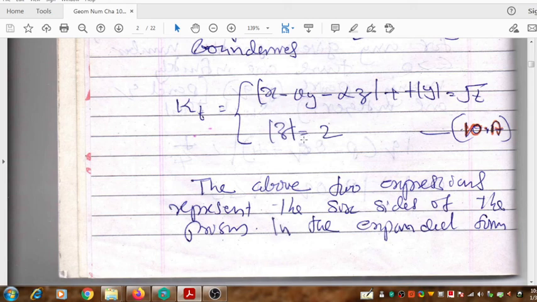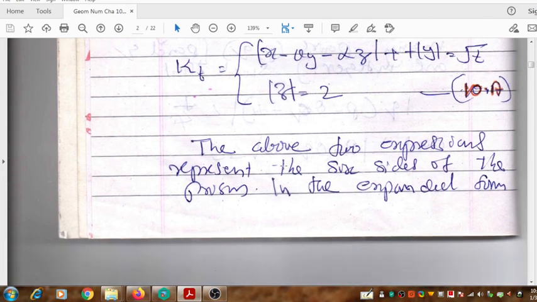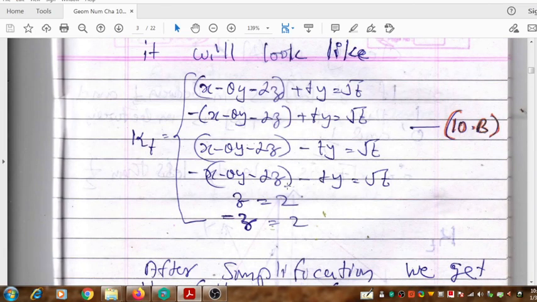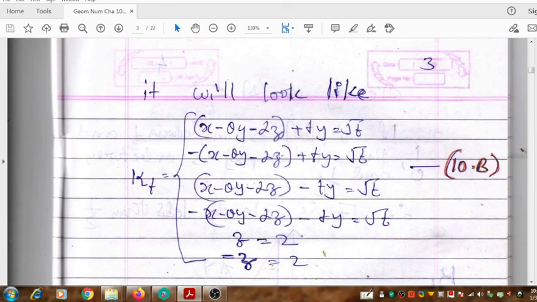Thus we get two more equations. So these are the six different phases, the six faces that belong to the prism. The above two expressions represent the six sides of the prism, and in the expanded form you can see what I have explained.